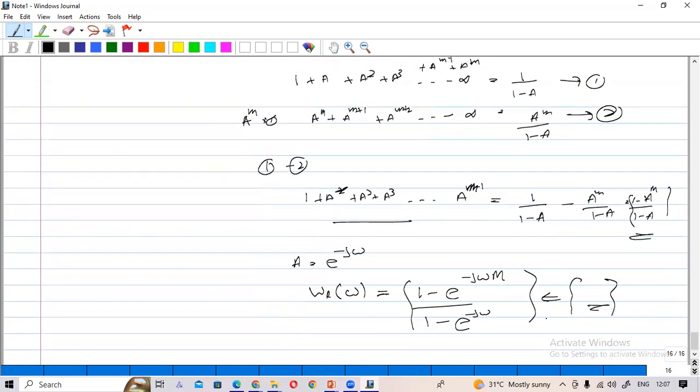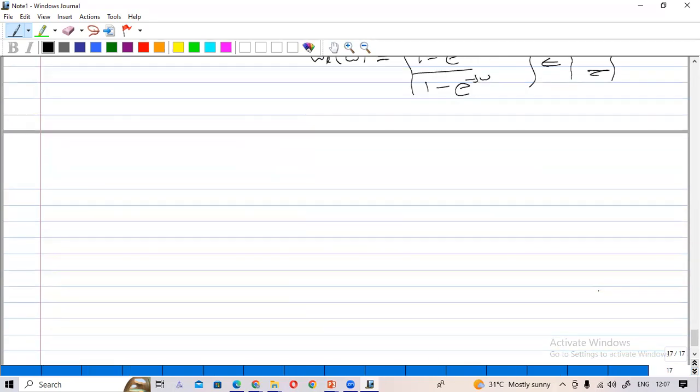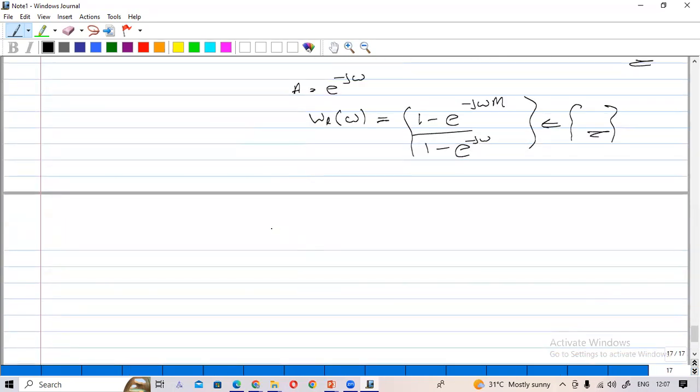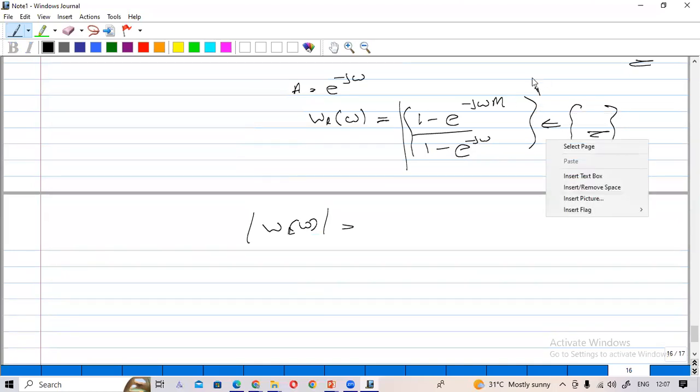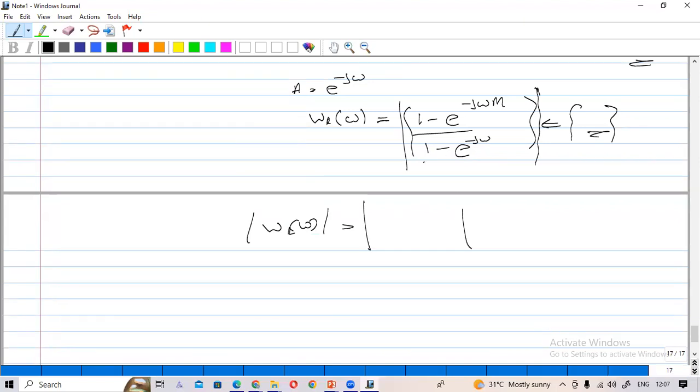Now if you plot the magnitude of this W_R(omega), the absolute value of this term with respect to omega, you will have a function somewhat like this.